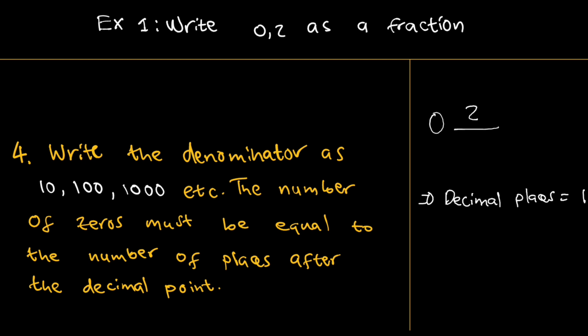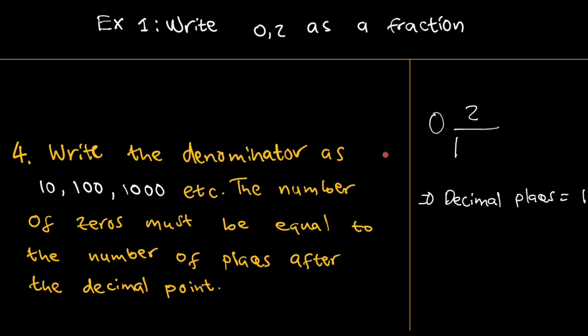So the first thing that you need to take note of is that 1 is common. Then what you need to determine is how many zeros you need to put here.